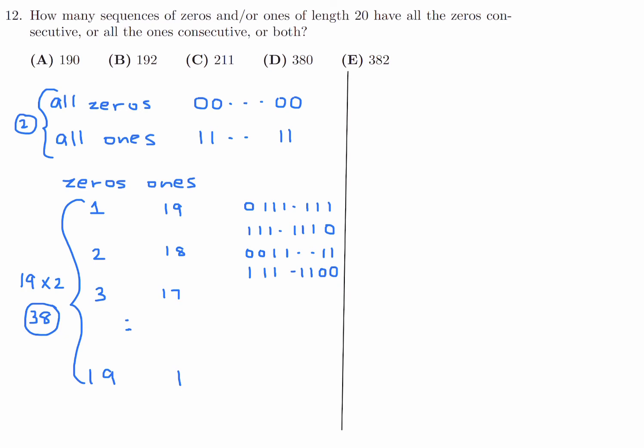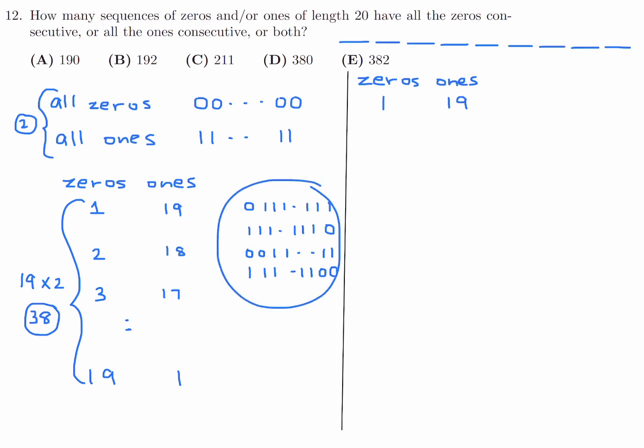Now we get into a scenario where you can place them in the middle somewhere. So for example, same story, zeros and ones. So I'm going to start with 1 0 and 19 ones. But now, if you look at the position of where to put them, here, I just put them at the ends, right?